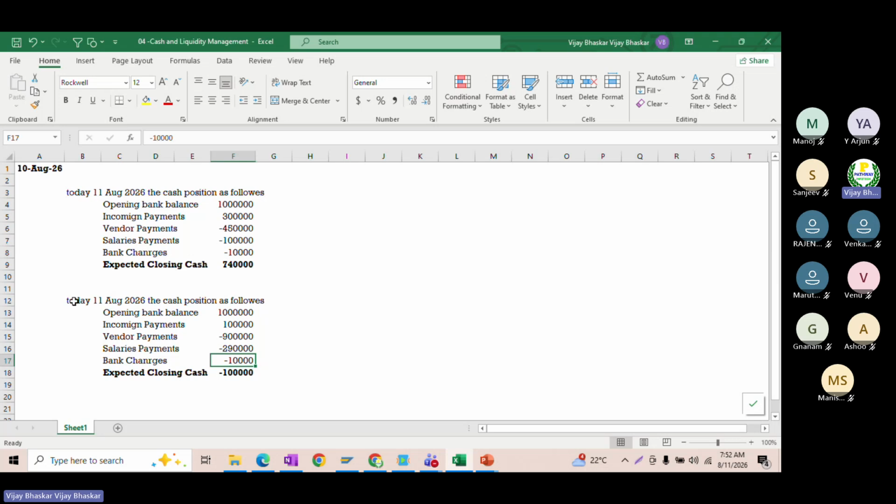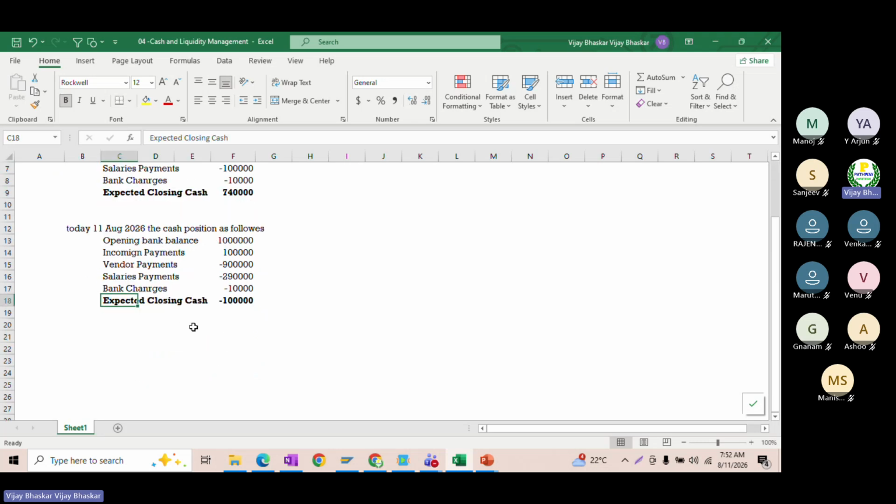If you are going to do the planning for that particular day, you could see clearly the expected cash flow by end of the day. It could be a deficit cash here, meaning that we do not have sufficient funds to fulfill our day-to-day needs.